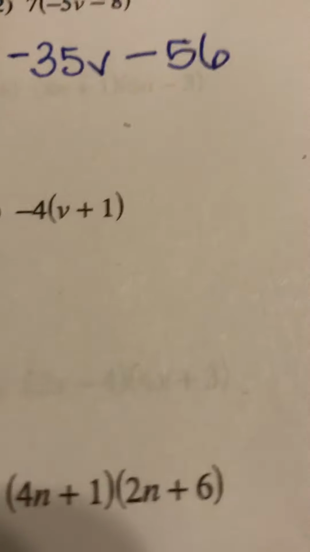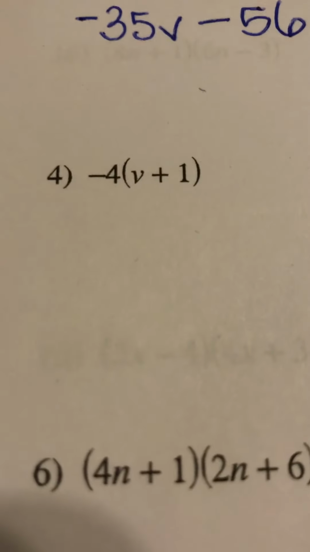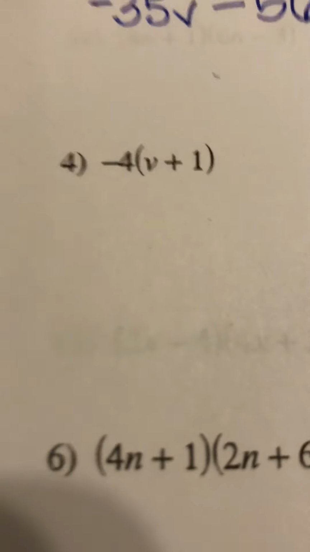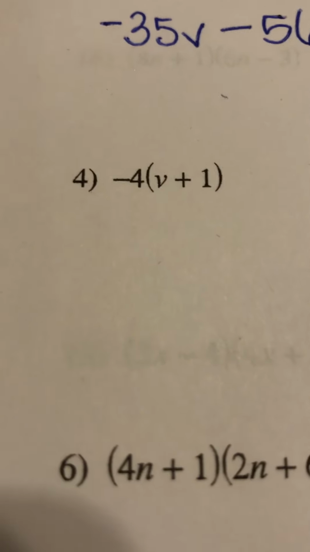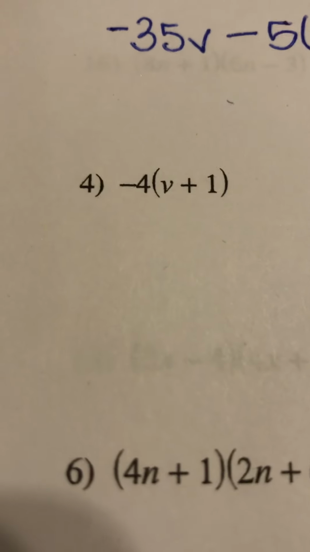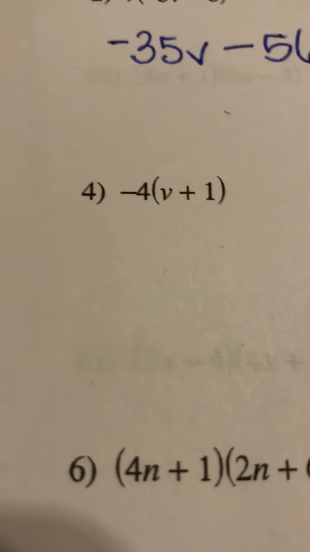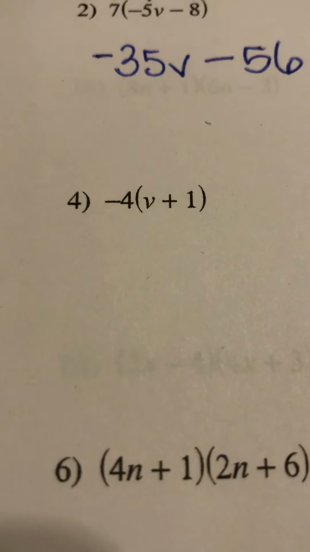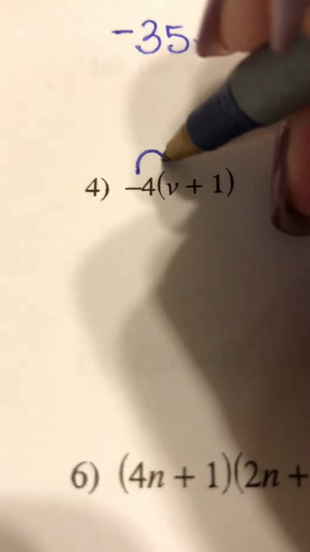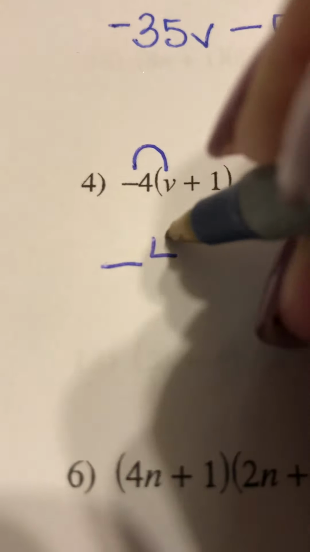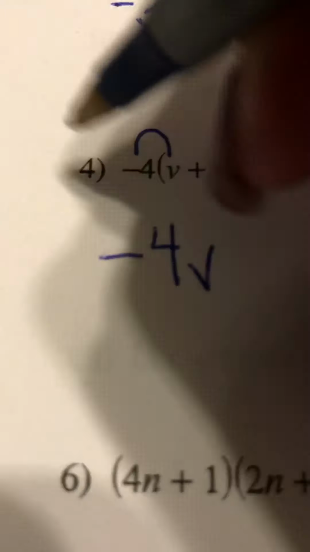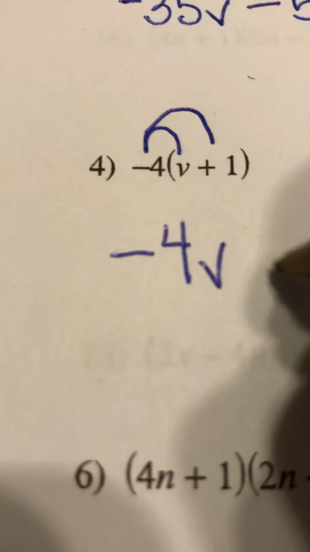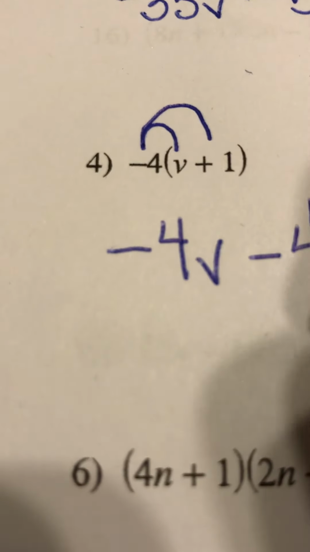In the next one, I have a negative 4 times the quantity v plus 1. Once again, I don't have any variables in what I'm distributing. Negative 4 is just an integer, so I don't have to worry about my variables. I'm going to do negative 4 times v, and that's going to give me negative 4v. And then I'm going to multiply negative 4 times that positive 1, and I'm going to get negative 4.